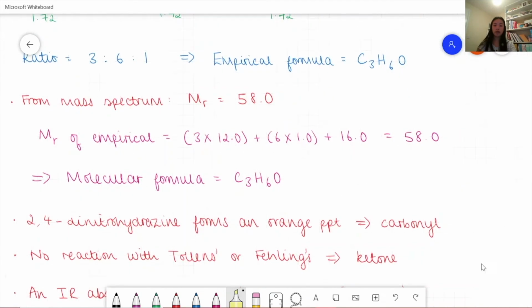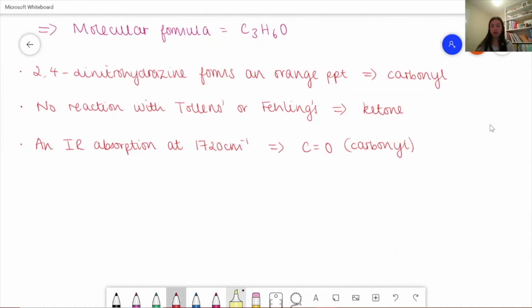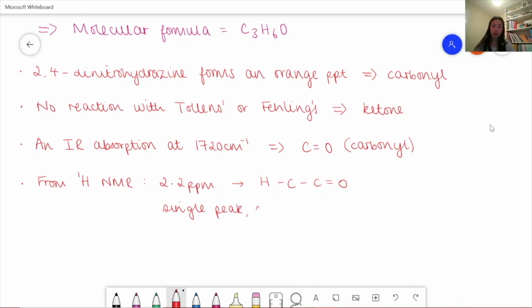So from this proton NMR, what this suggests is that we have a hydrogen attached to a carbon, and then this carbon is then attached to another carbon double bonded to an oxygen. And also we have a single peak area of 6 hydrogens.